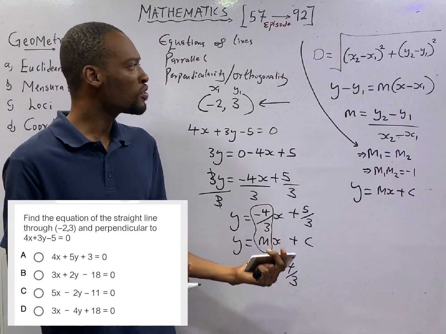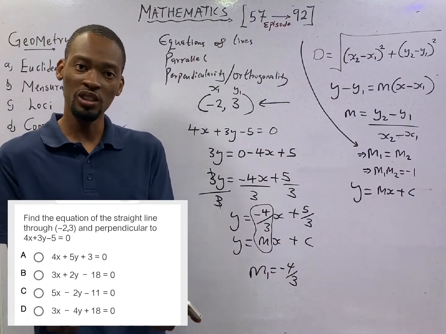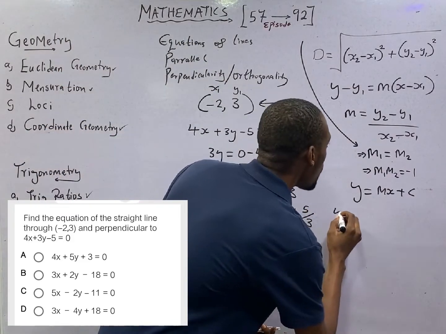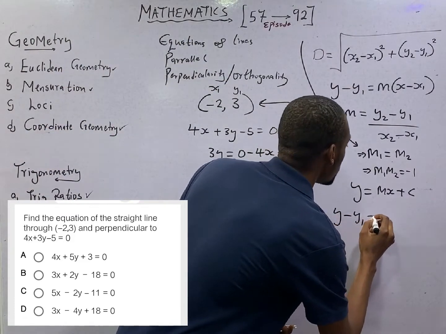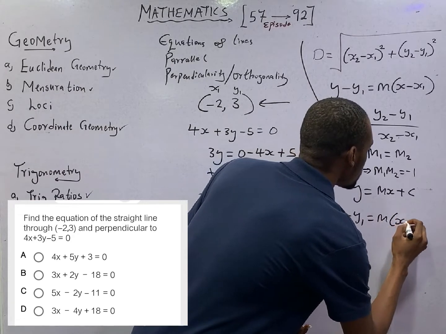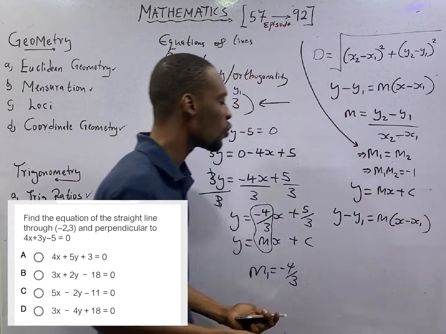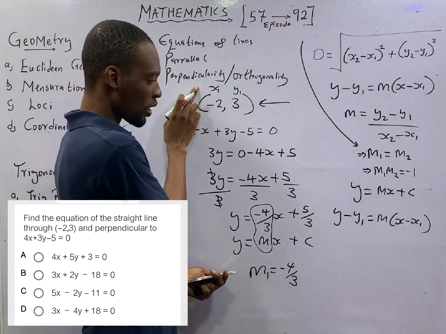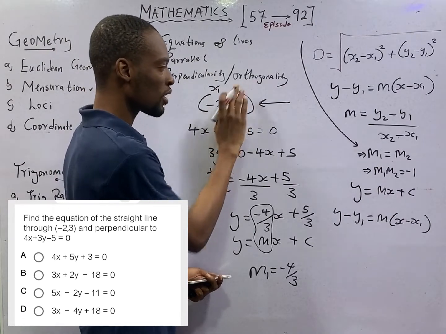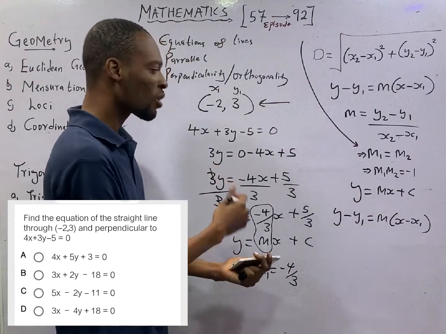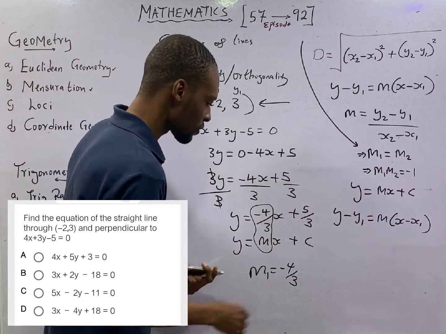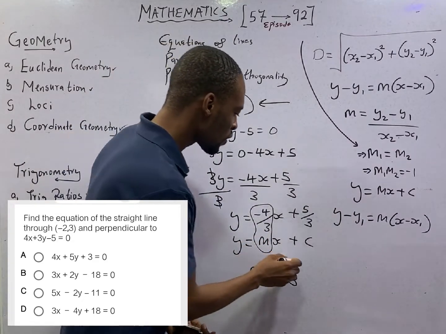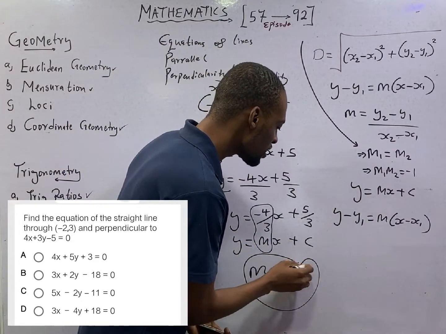And to look for the equation of the second line, it is y - y1 = m(x - x1). So we have x1 and we have y1. From the second line, we are given a gradient, but we cannot proceed with this gradient.